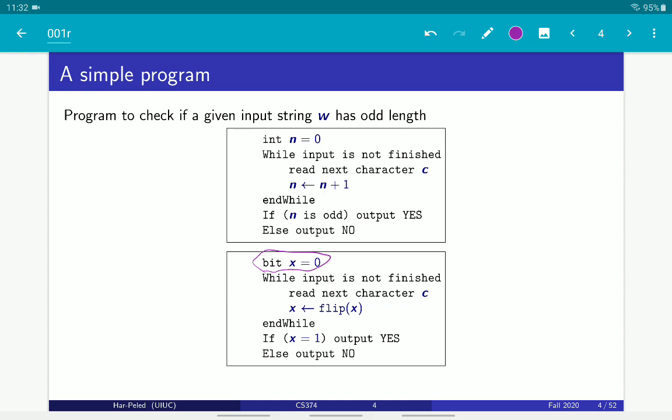And then we just output the bit at the end of the run of the program. The important thing here is that we literally used one bit to remember the state so far, whether the number of characters we have read so far is even or odd. This is just the parity bit.